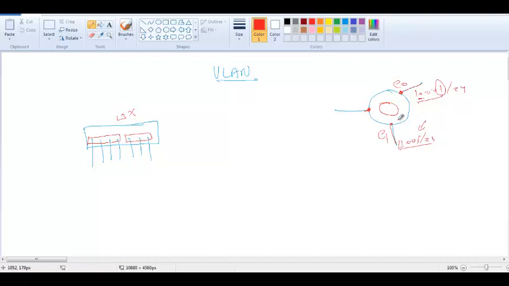When a packet arrives, they read the layer 3 header. In the layer 3 header, they look for the destination IP. To that IP, they check the routing table, and if that destination is the 10 network, then it pushes on this path. If the destination of the packet is the 11 network, then it pushes the packet on this path, the Ethernet 1 path.